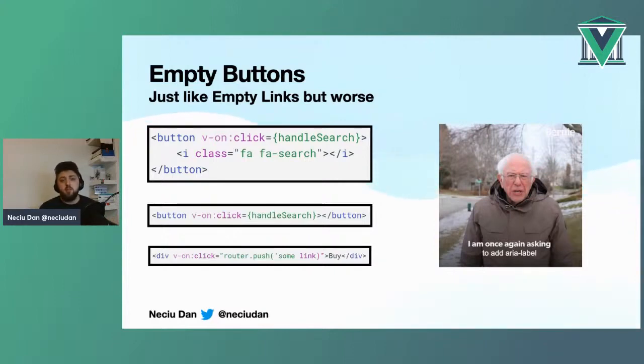The most common situation that you can encounter is search buttons that include only icons, or even worse, that are designed using pseudo elements like before and after. And this button gives no indication to the user that there is actually something there. And the solution to this, of course, is to always add aria-label or aria-labelledby attributes.